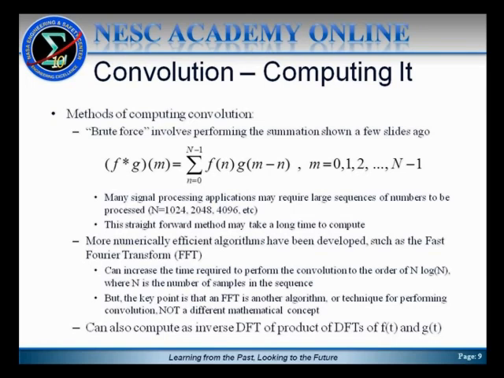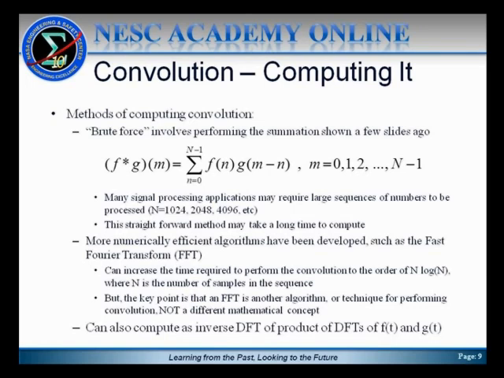It's just a summation from 0 to n minus 1 of f of n times g of m minus n. And you'll note that's quite a few calculations, because for every value of m from 1 through n minus 1, you have to do a summation over the entire sequences, over the indices n equals 0 to n minus 1. So basically you're doing n squared calculations there.